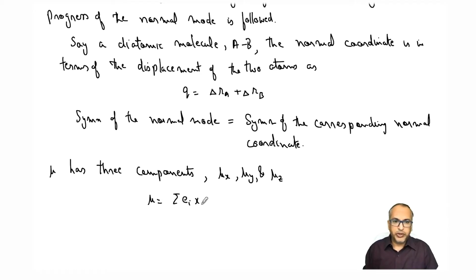So you have the summation over i of e_i x_i, summation e_i y_i, summation e_i z_i, right? That's why mu can be expressed as mu x, which is this part, mu y, which is this part, and mu z, which is this part.